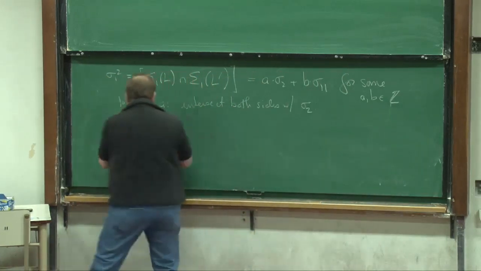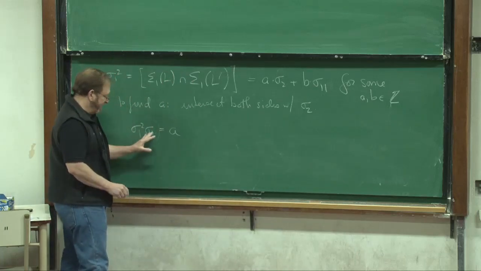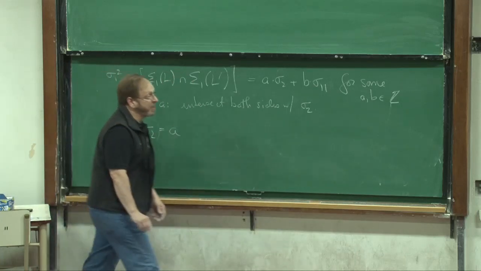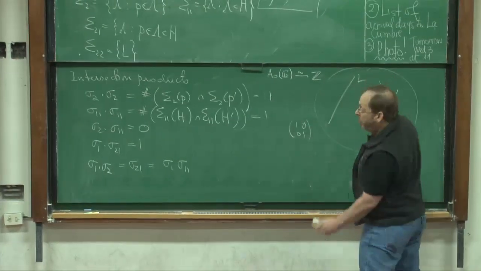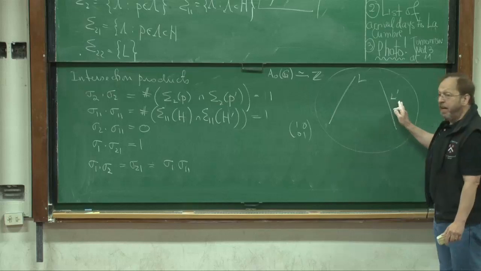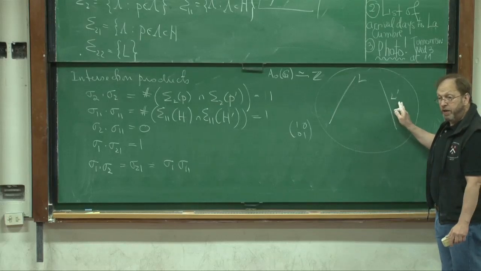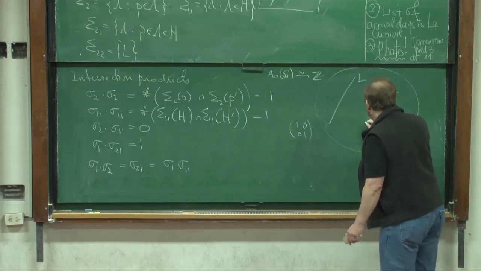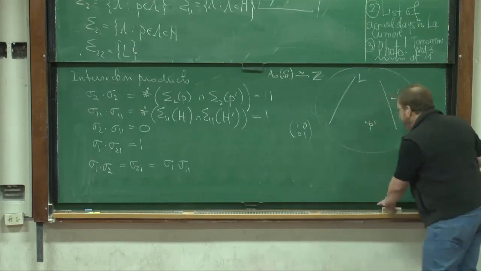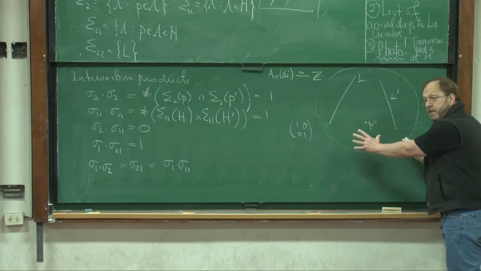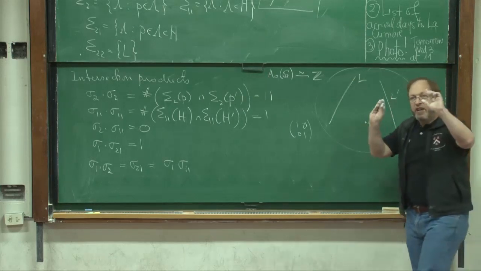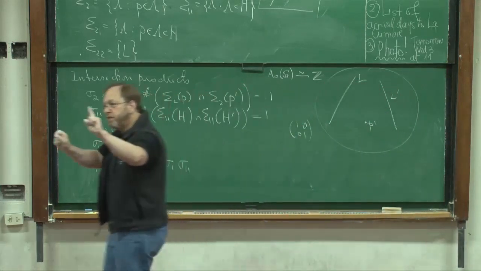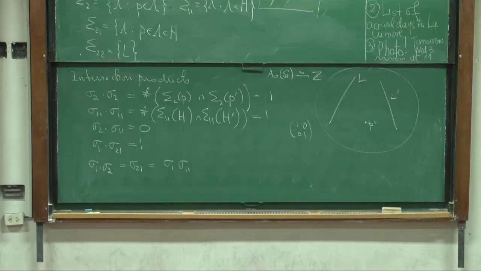Because again, we can find representative cycles here, and we can actually describe the intersection. So let me draw the picture. We have sigma 1 squared is lines meeting L and lines meeting L prime, right? Now, I want to take lines passing through a point, another point chosen generically with respect to these. So now I'm asking this: if I have, in general, 2 lines and a point in 3-space, how many lines pass through that point and meet both lines?